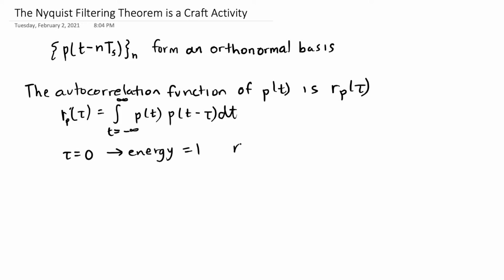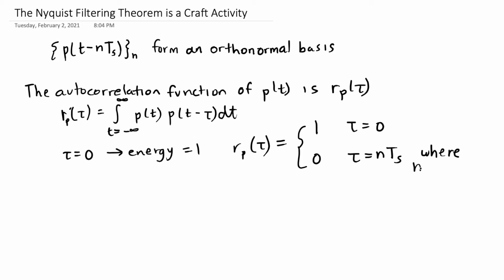So I have Rp of tau should be 1 at tau equals 0, but it should be 0 at all other multiples of t sub s.